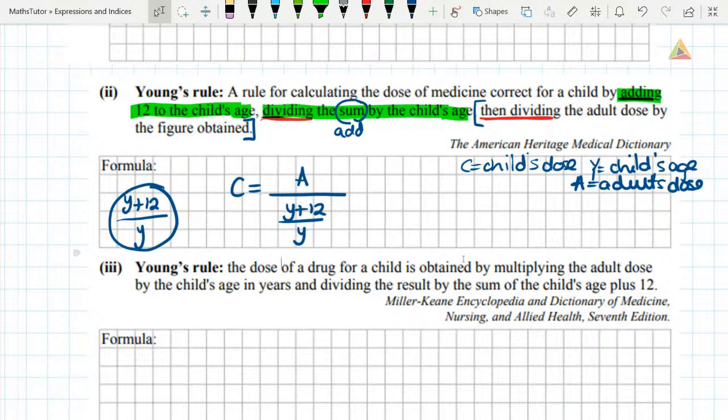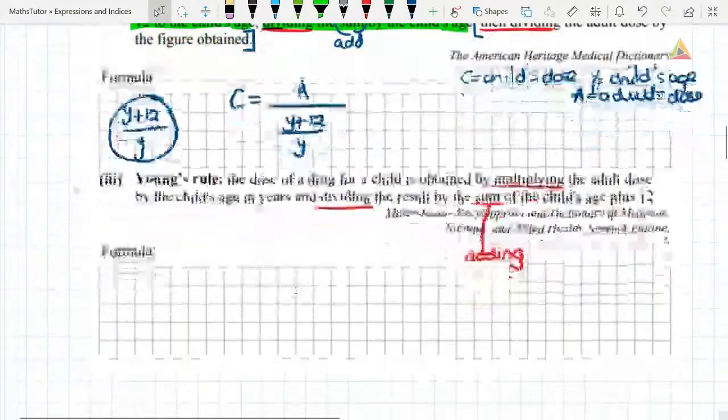And in the third method that it gives us, the dose of a drug for a child is obtained by multiplying the adult's dose by the child's age in years and dividing the result by the sum. So remember, the sum meant adding. So the sum of the child's age plus 12.